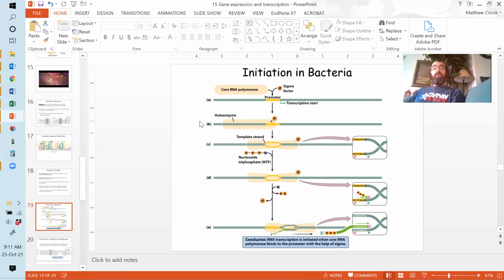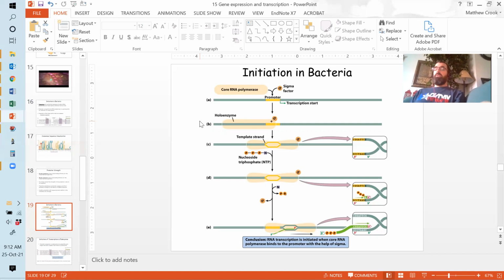In bacteria, it's relatively straightforward, right? The big difference between bacteria and eukaryotes in terms of transcription is that transcription initiation in bacteria is controlled by the presence or absence of repressor proteins.